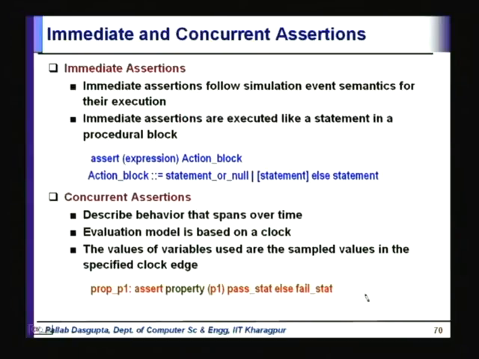In fact, immediate assertions are the assertions which came up several years before concurrent assertions came up. Immediate assertions were used also with Verilog and its variants, and then when SystemVerilog standards were being set and SystemVerilog assertions got incorporated inside the standard, at that time this classification was made, that these are called concurrent assertions, and these are called immediate assertions.